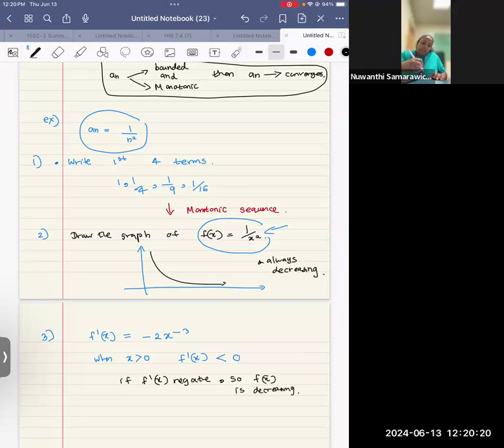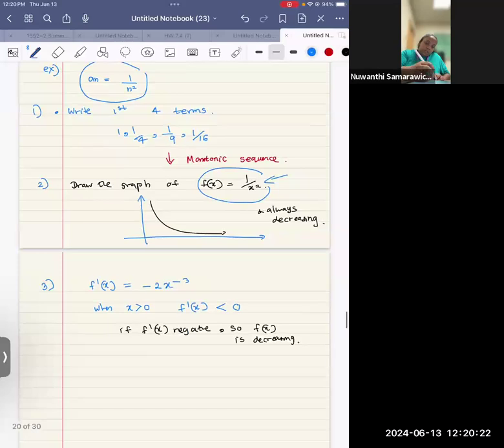So these are the two things to check if the function is decreasing.